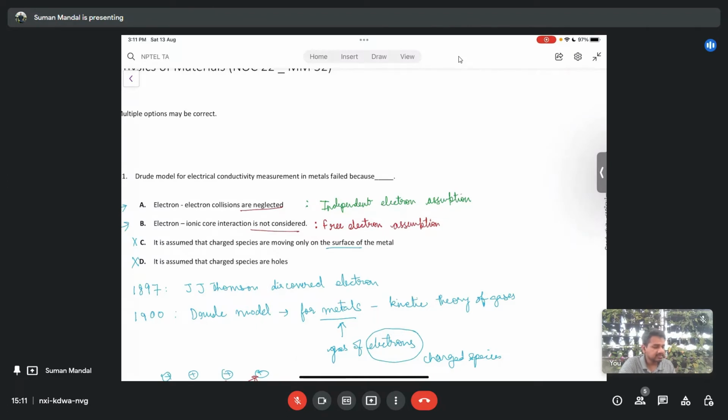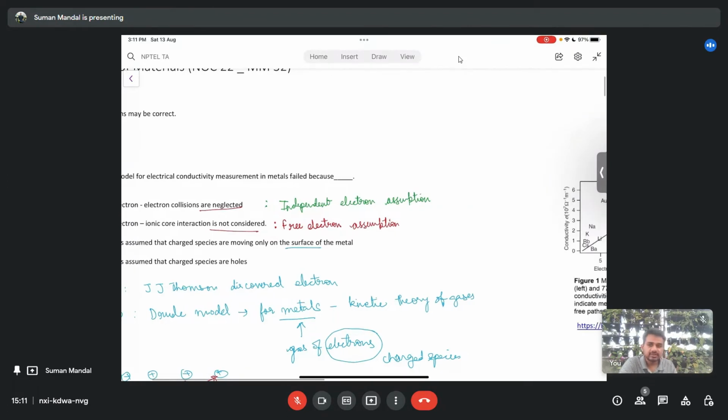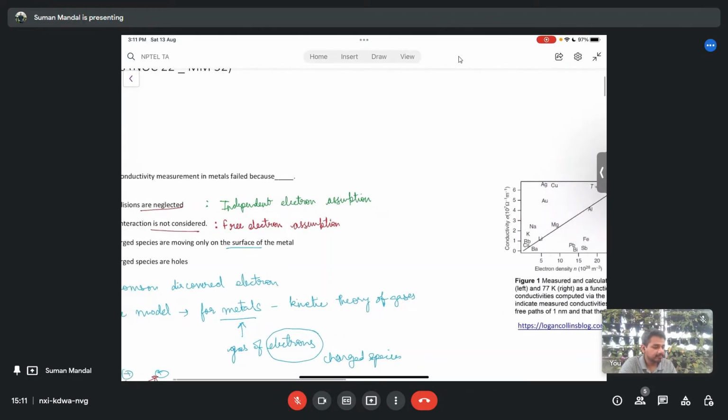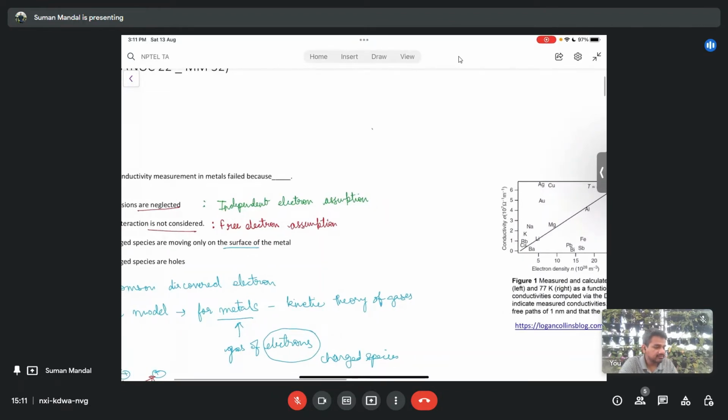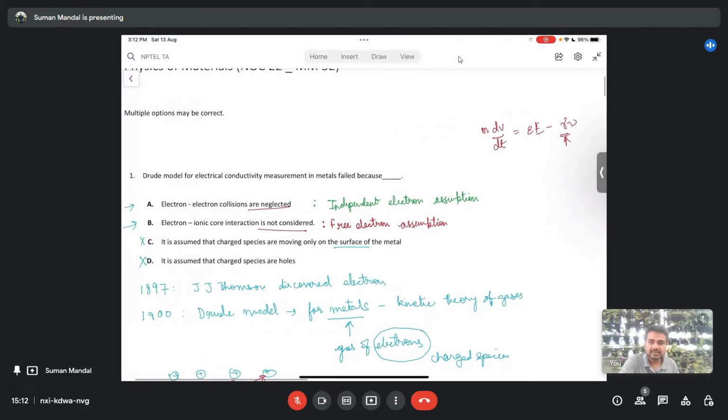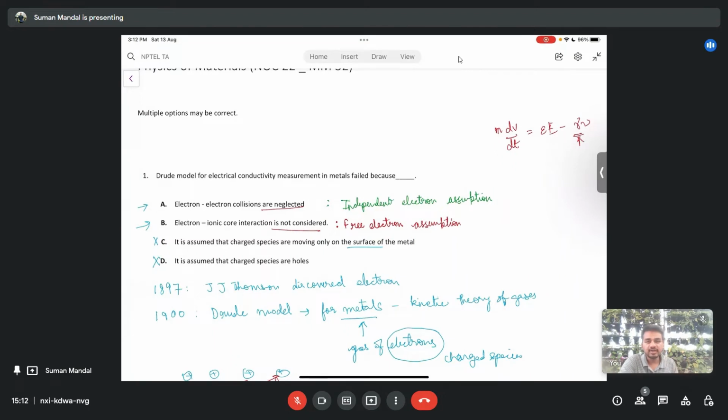There is some kind of an average term added as a damping factor: it's written like m dv/dt. There's an electric field that is applied, and along with that there is a damping term, which is proportional to velocity. So there's an average damping term that is considered. When we say neglected, it's the Coulombic interactions that are neglected. They're allowed to physically bump onto each other, where Newton's laws are valid.